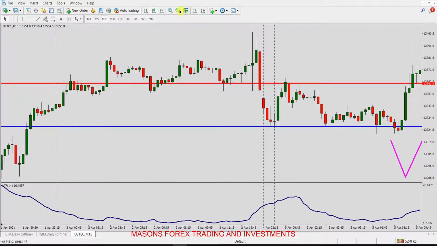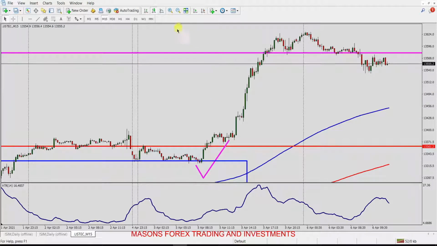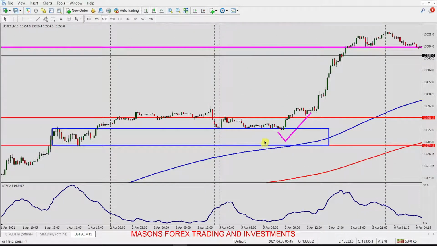But what's the challenge in Forex trading? I think the biggest challenge in Forex trading is finding the suitable levels. Doing an analysis is quite easy in my opinion, because we did identify that price expanded in the up direction.